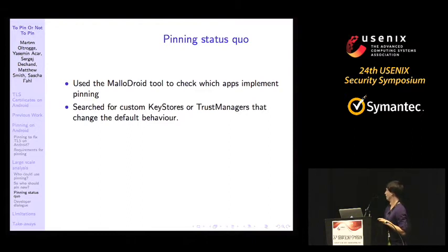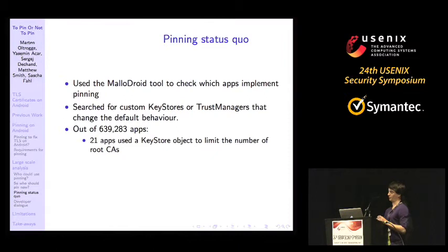A key store on Android is basically an object which can be used to store CA certificates, to limit the number of trusted CA certificates, and for apps that make use of custom trust managers to change the default validation behavior. Out of our app corpus, we found just 21 apps that used their own key store to limit the number of CAs.